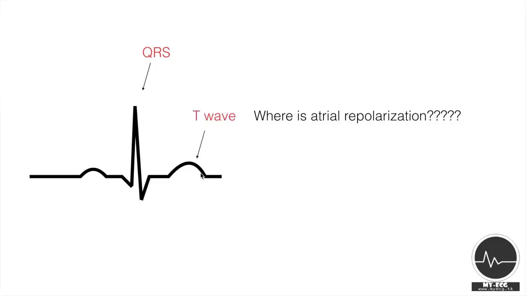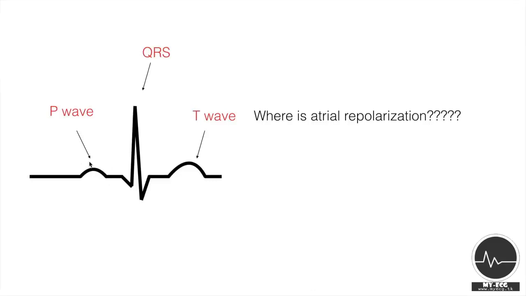That being said, the question is, where is atrial repolarization? So if QRS represents ventricular depolarization or contraction, and T wave represents ventricular repolarization or relaxation, then where is atrial repolarization if this is depolarization?